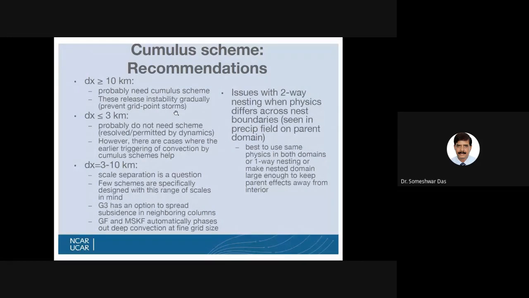But if your grid size is less than or equal to 3, then this is like a transition zone. There is a question mark whether you should also use cumulus parameterization or not, because you may think that the model might directly resolve the convection. So this is a kind of transition zone: grid size less than 3 kilometers.